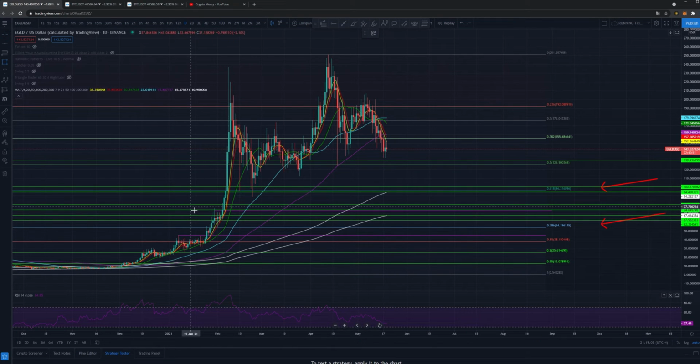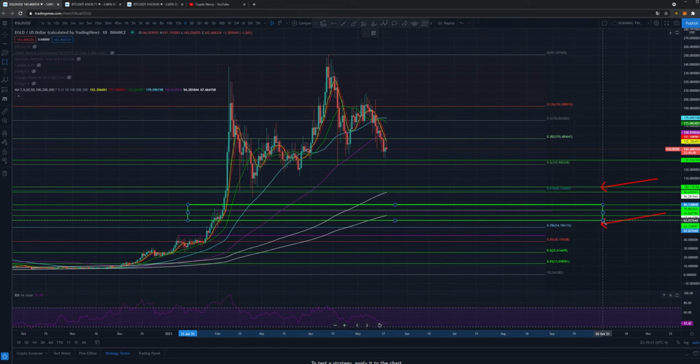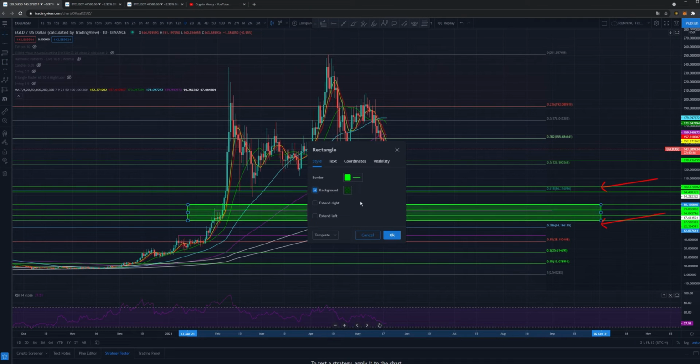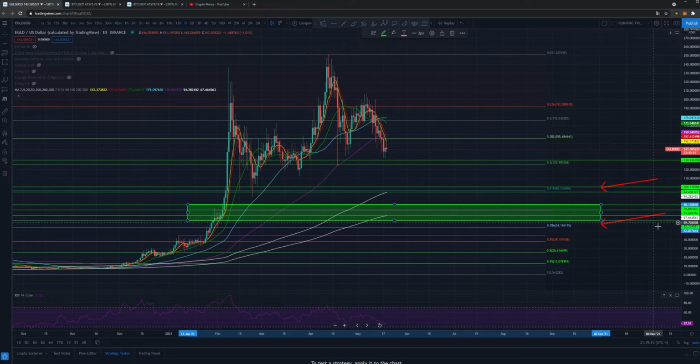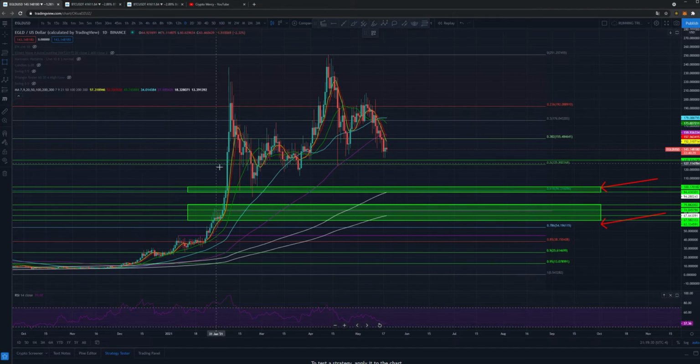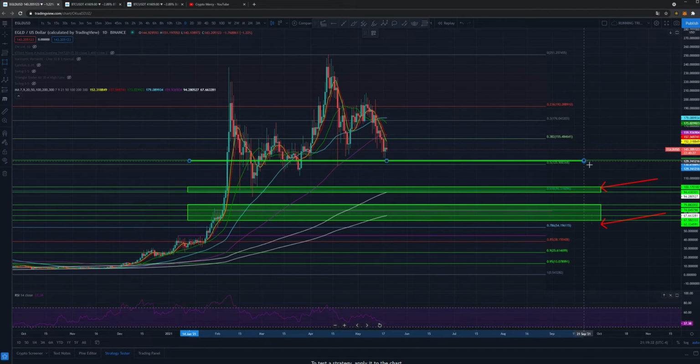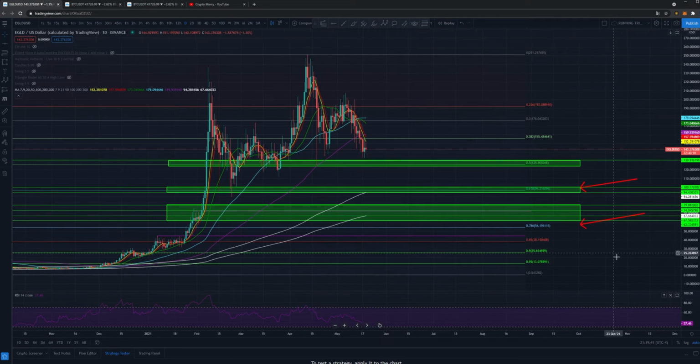Now, I will not hide from you that this zone is crazy good support, between $80 and $60. Also, strong support here between $100 and $93, $94. And for sure, we have this dynamic support that is helping Elrond right now between 130 and 124. Okay, you can take note of this.